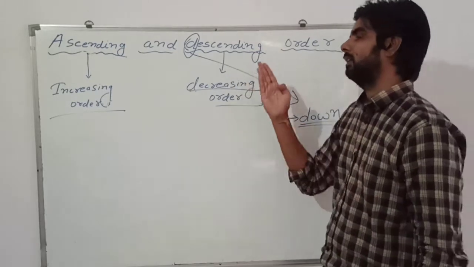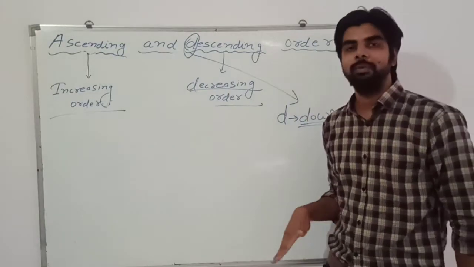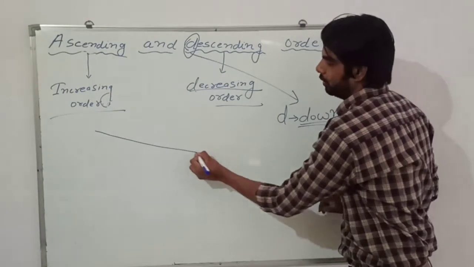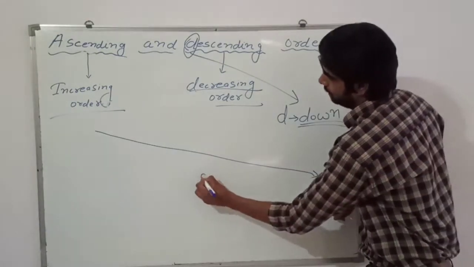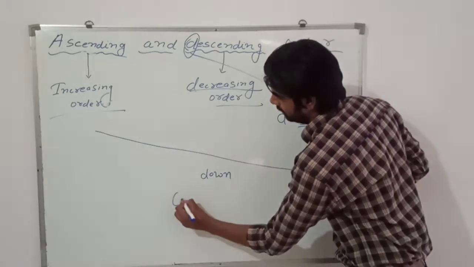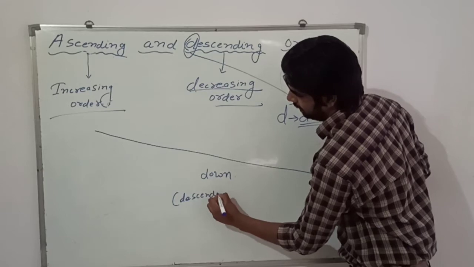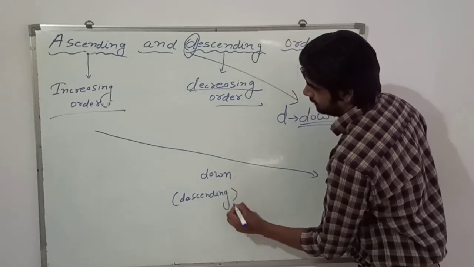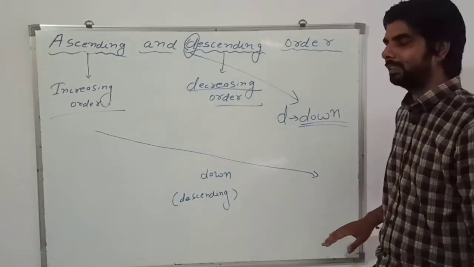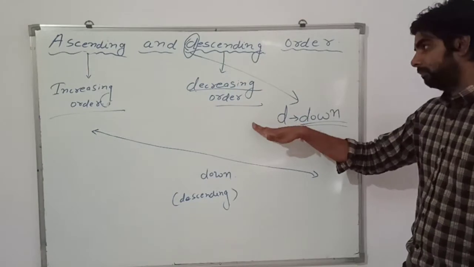So whenever it is written descending, you have to go down, from large number to small number. We will write the largest number first and the smallest number at the last. So this is known as descending order.